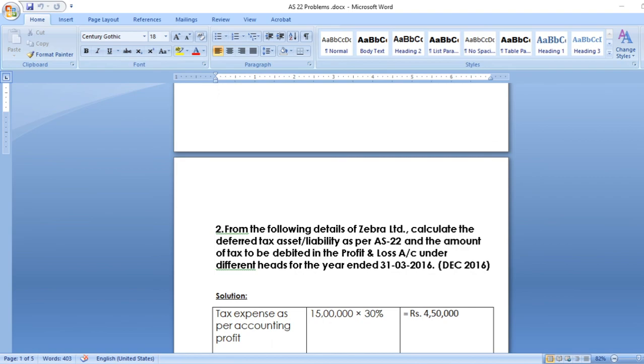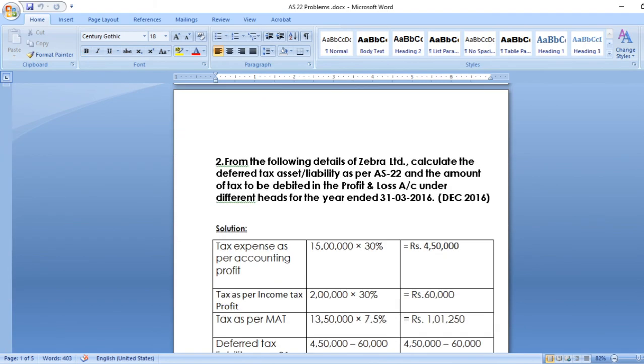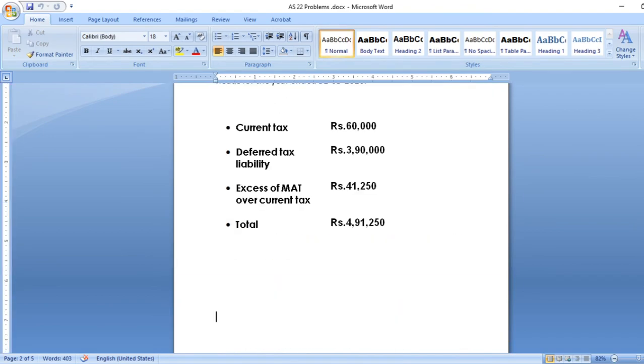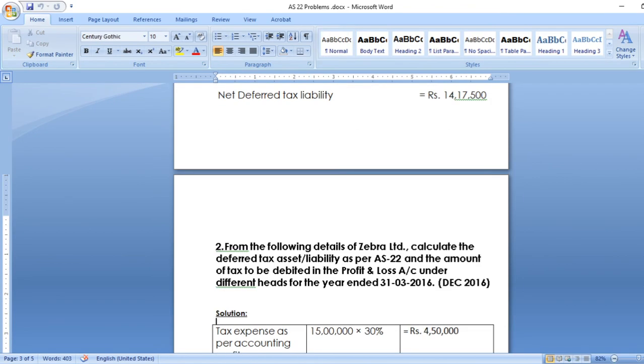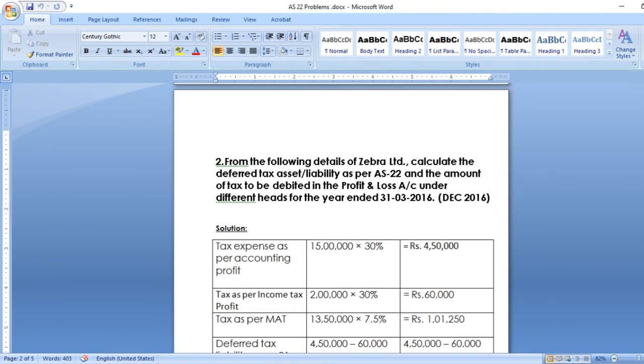So this is the next problem. From the following details of Zebra Limited, calculate the deferred tax assets and liabilities and the amount of tax to be debited to P&L account. So this is the question.